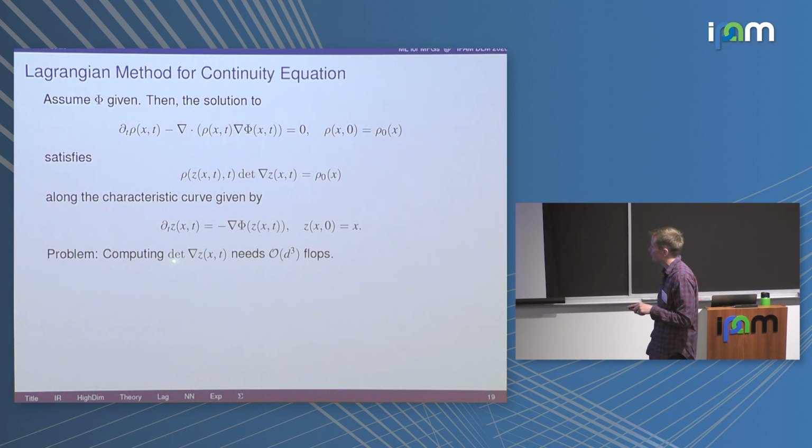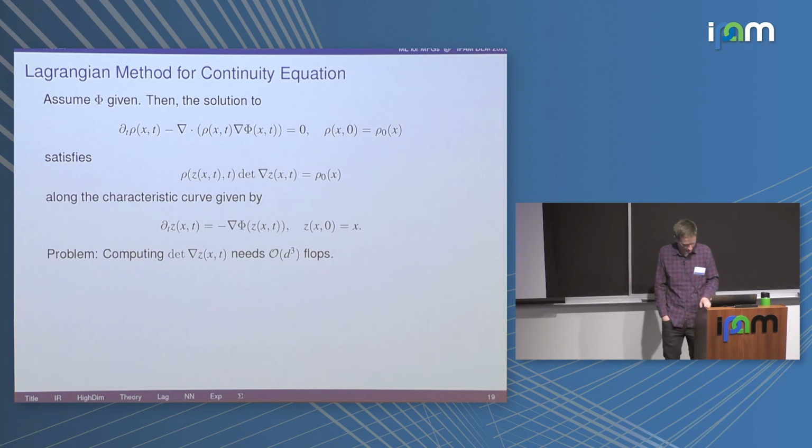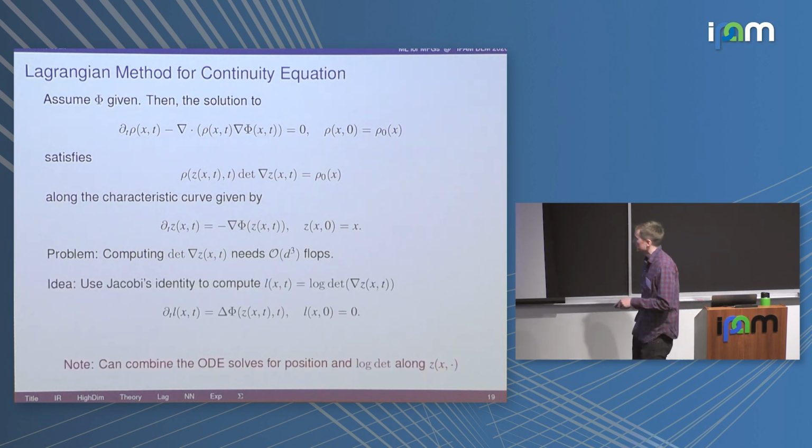The catch here is, how do you compute this? That's the determinant of the Jacobian of z. Typically, you would think it's d cubed flops. You build this thing as a matrix, compute the determinant. How bad can this be? But again, the d here will grow. So you want to be a little bit conservative. And also in the normalizing flow business, what people typically do is, instead of computing the determinant here, they use that you can get the log determinant by integrating, in our case, the Laplacian of phi along the characteristics.